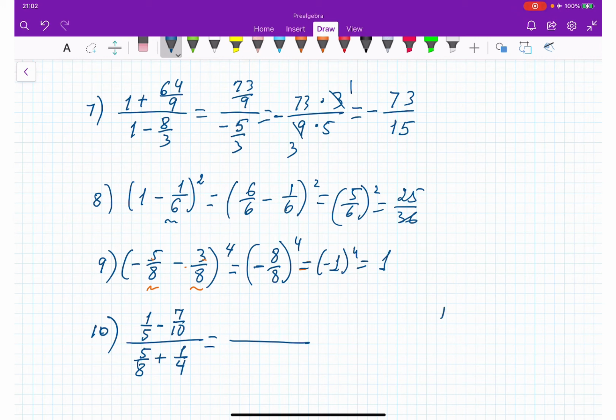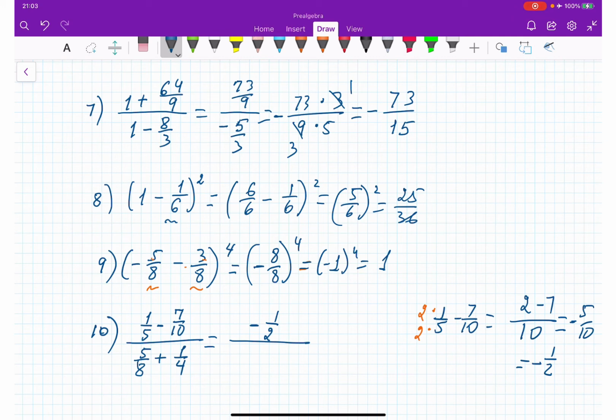Let me do some drafting. Common denominator is going to be 10. So 5 multiplied by 2, and here is 10. We get 2 minus 7, which is negative 5 over 10, or negative 1/2, right? So here the numerator is negative 1/2.